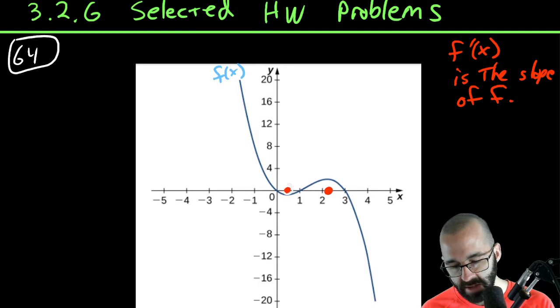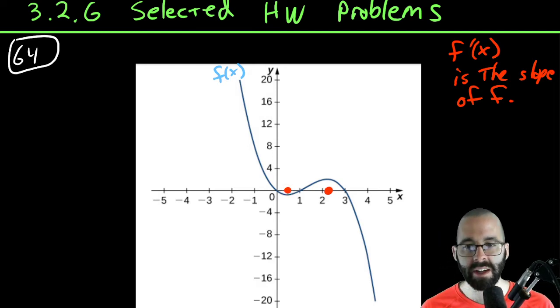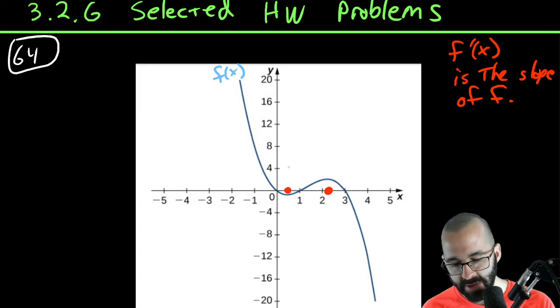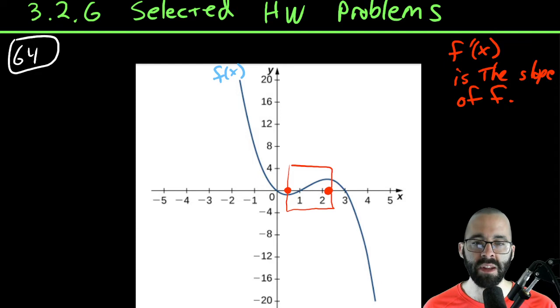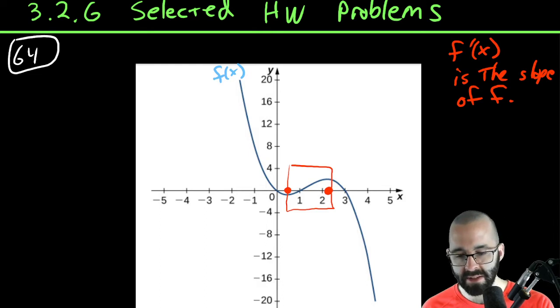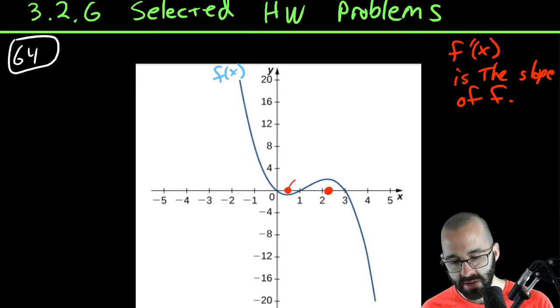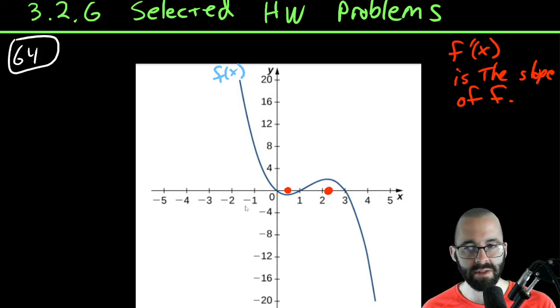Similarly, it's going to be a value of 0 here. Now in this region, as we're walking along the graph from left to right, are we going uphill or downhill? We're going uphill. The slope's going to be positive. I don't know what our slope values are going to be, but I know they're going to have to be positive in this interval.